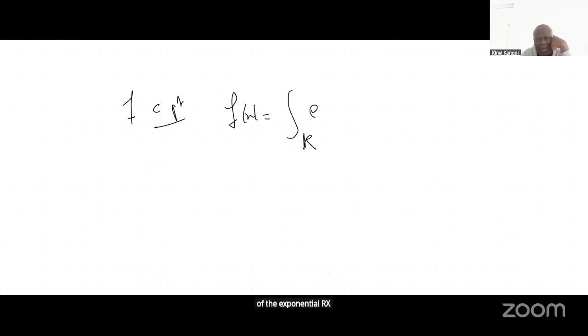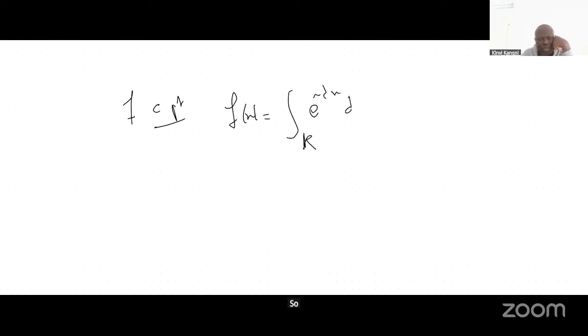We suppose, first of all, that I take a function f which is continuous and of positive type. This function f of x, you can write as the integral over R of the exponential of i lambda x, d mu of lambda.